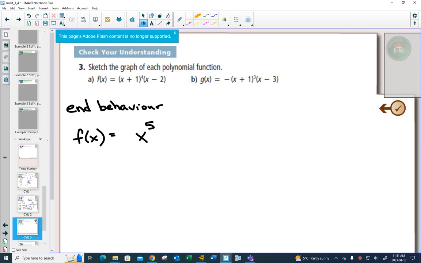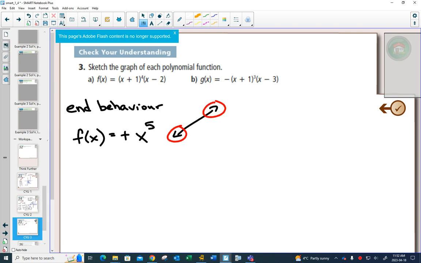Because x times x times x times x times x, and all 5 of those will give you an x to the 5. You also have to look at the leading coefficient, and can you see that they're all positive? You have a positive x here and a positive x there, and all multiplied out will give you a positive x to the 5 in the end. So your end behavior acts like the line with a positive slope.